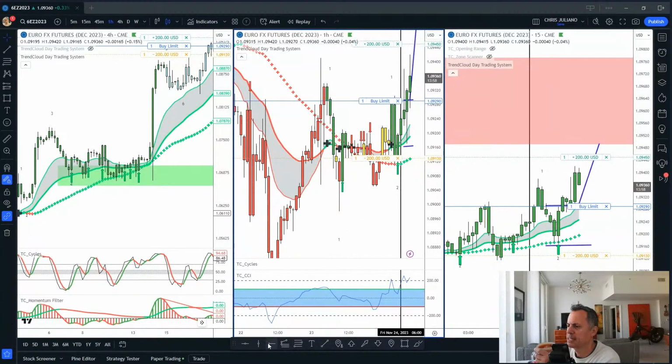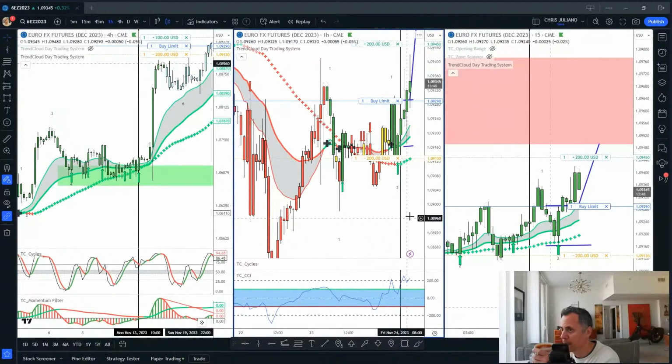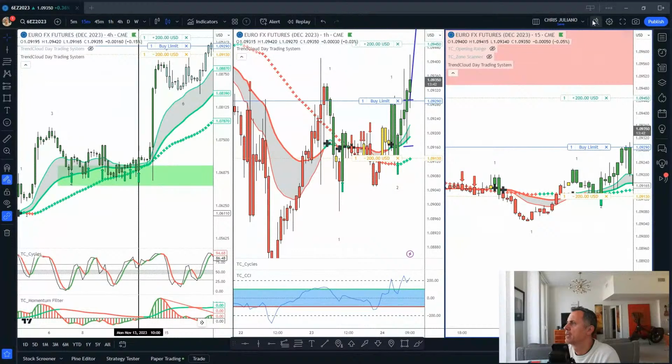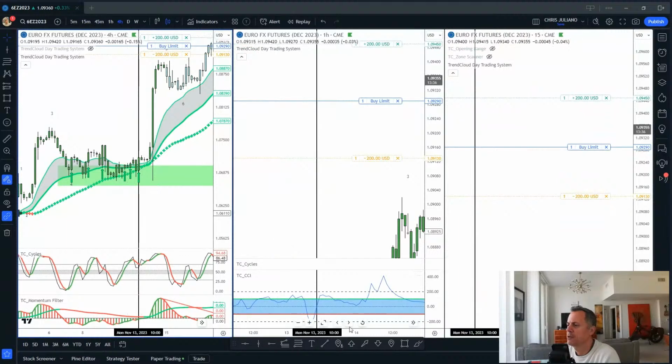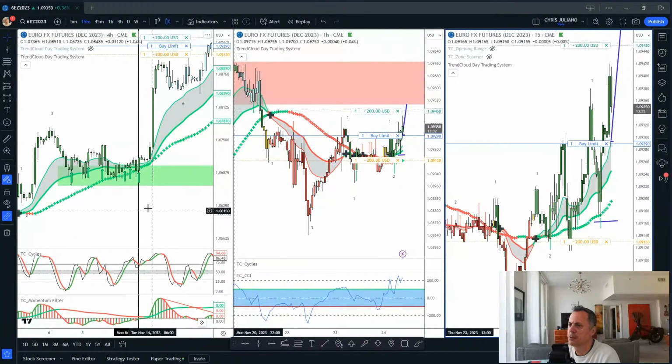Grab that vertical axis, place it right there. Let's get rid of that one. Go over to time and let's line everything up.